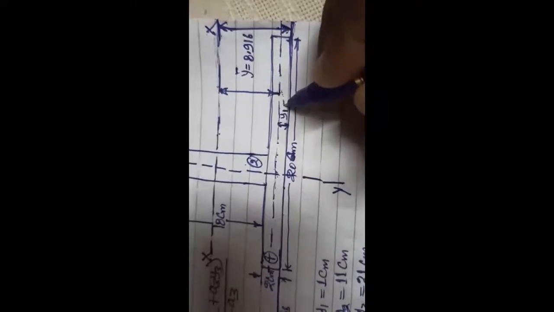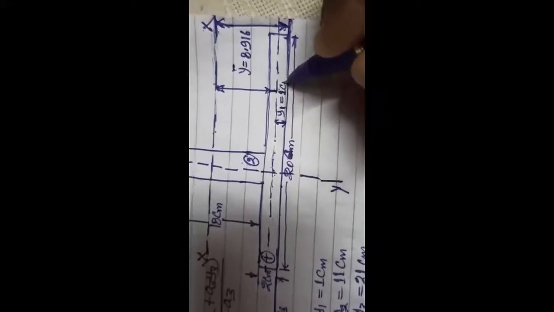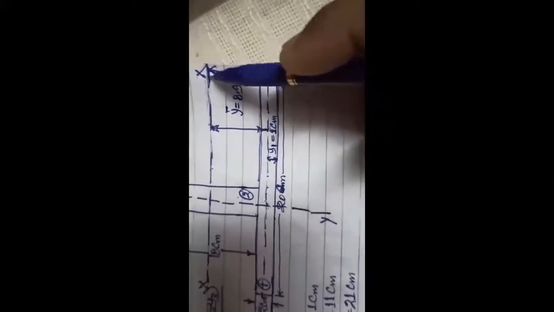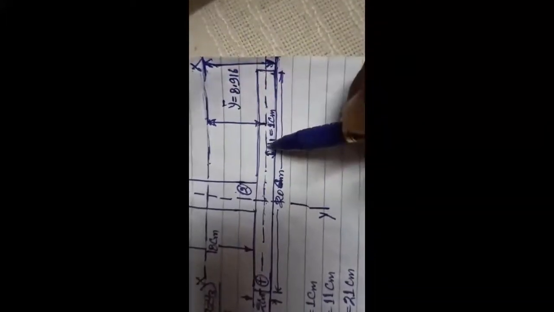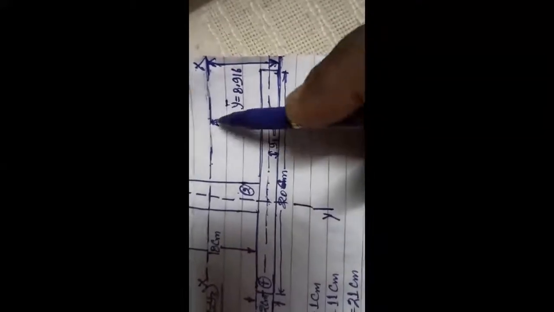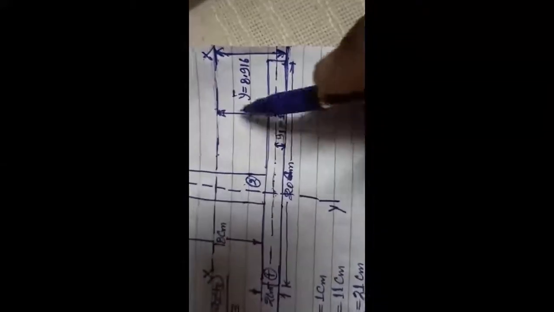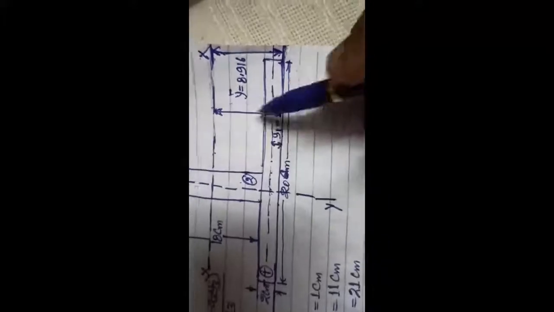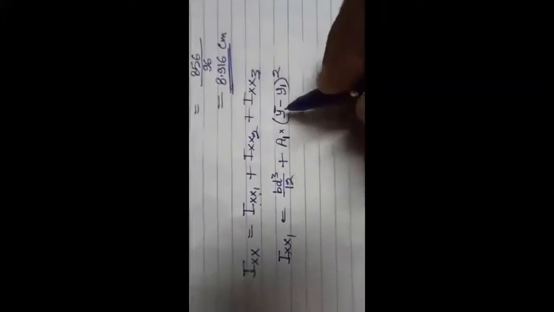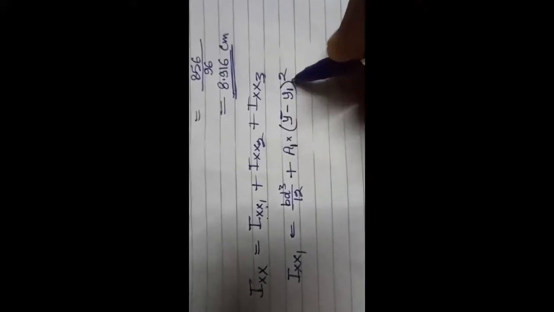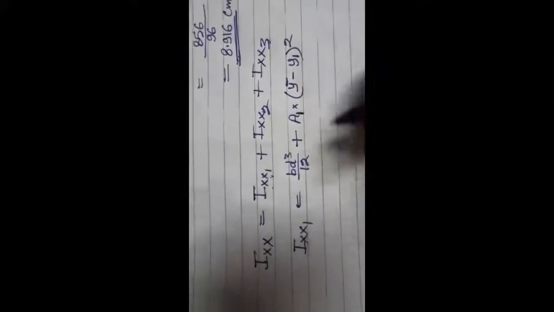So y1 is equal to 1 centimeter as we have found here, and y bar is equal to 8.916. If from this we deduct this, we can find this value. So this is the difference between these two parallel lines, and we are using this difference as (y bar minus y1) whole square.